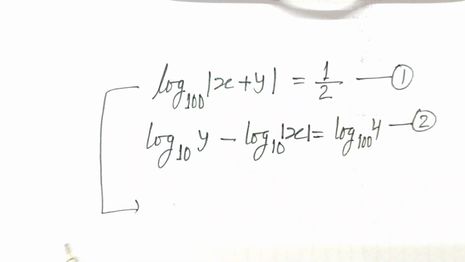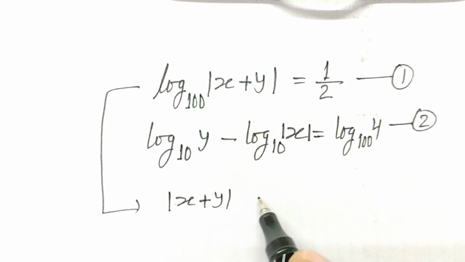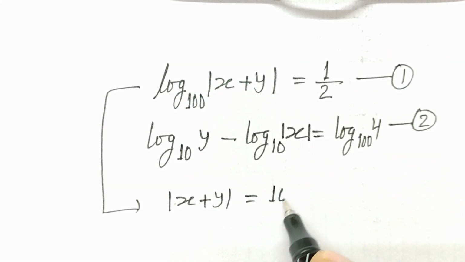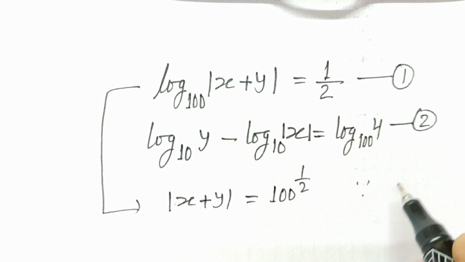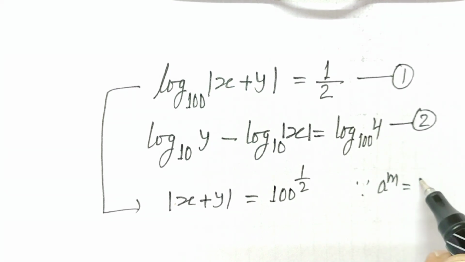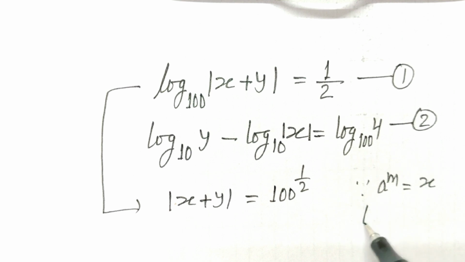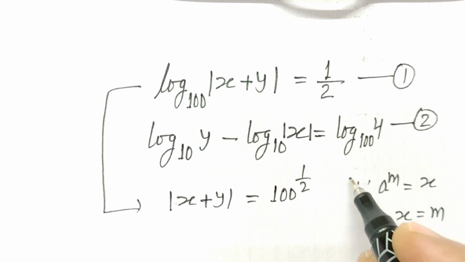The first equation can be converted as mod of x plus y is equal to 100 to the power half, because a to the power m is equal to x means log of x base a will be equal to m.